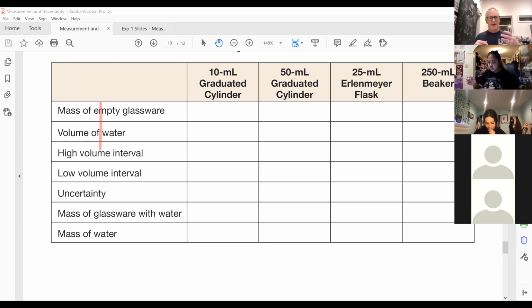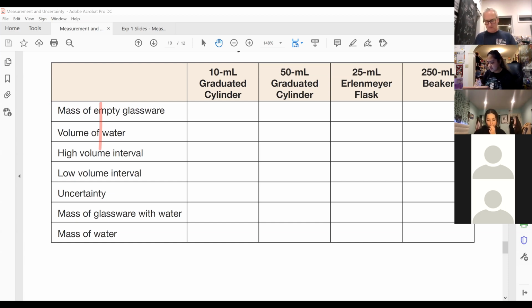So when you're measuring mass, you don't want it moving, you don't want people moving past it, and you don't want to be too close to it, blowing on it.